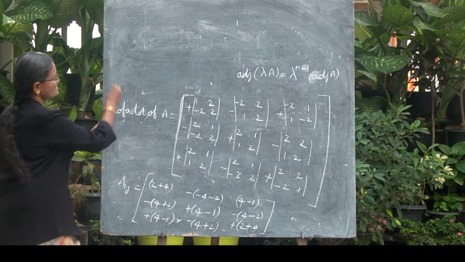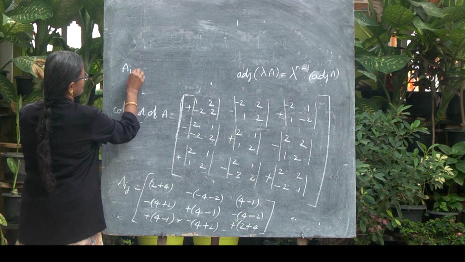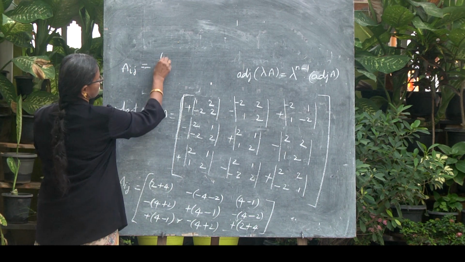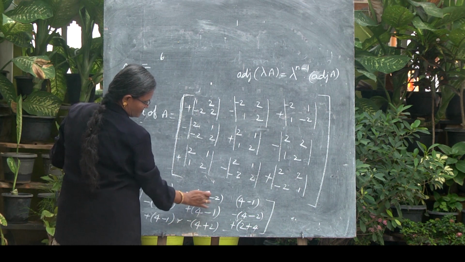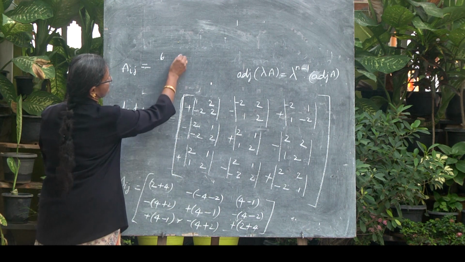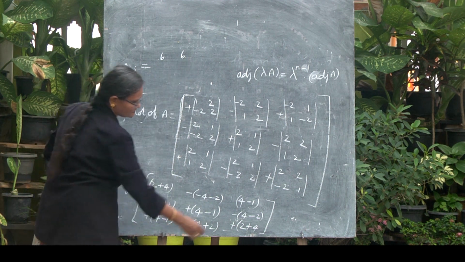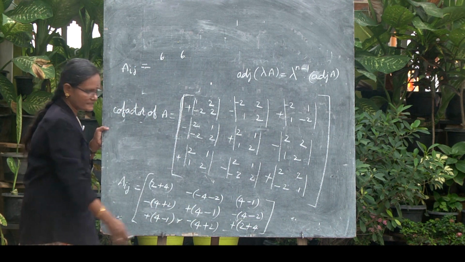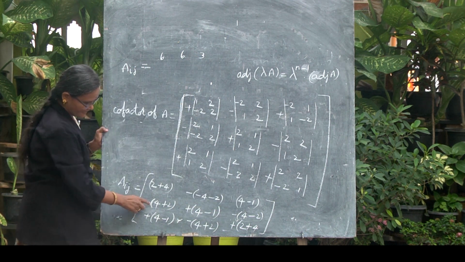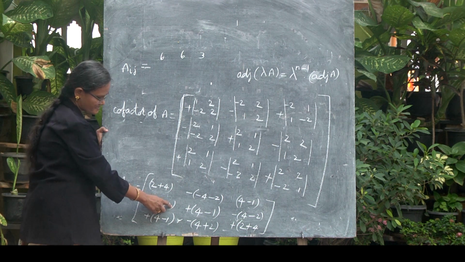Now simplifying this Aij matrix, Aij is equal to 4 plus 2, that is 6, here minus 4 minus 2, then minus of minus 6 plus 6. Next one, 4 minus 1, we get 3. In the second row, 4 plus 2, 6.